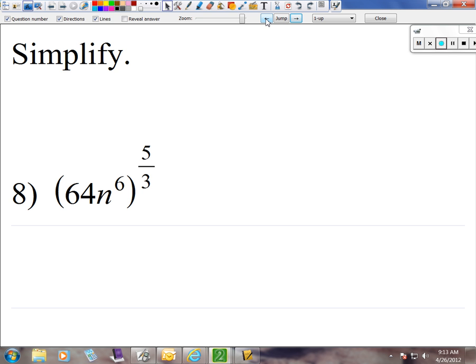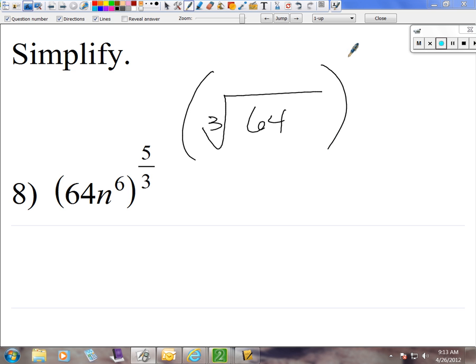Okay, let's write it in radical form, which would be the cube root of 64 raised to the 5th. And to the 6th. Yeah, everything in the parentheses goes underneath the radical.